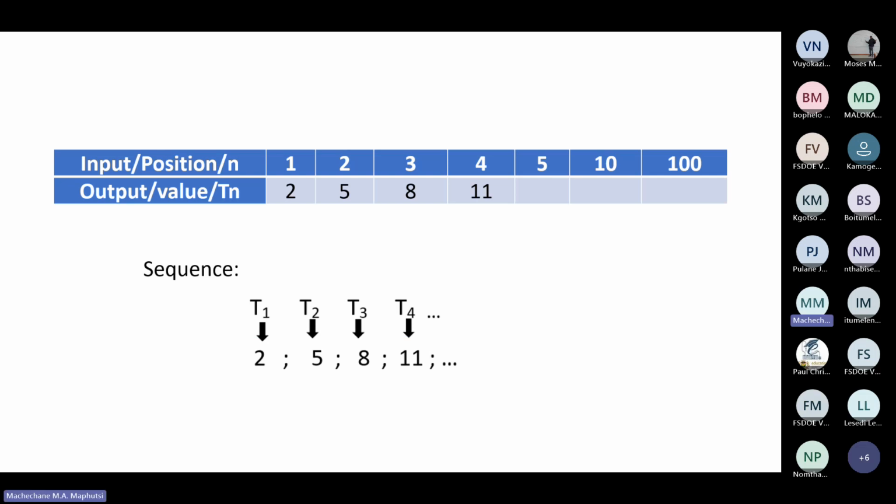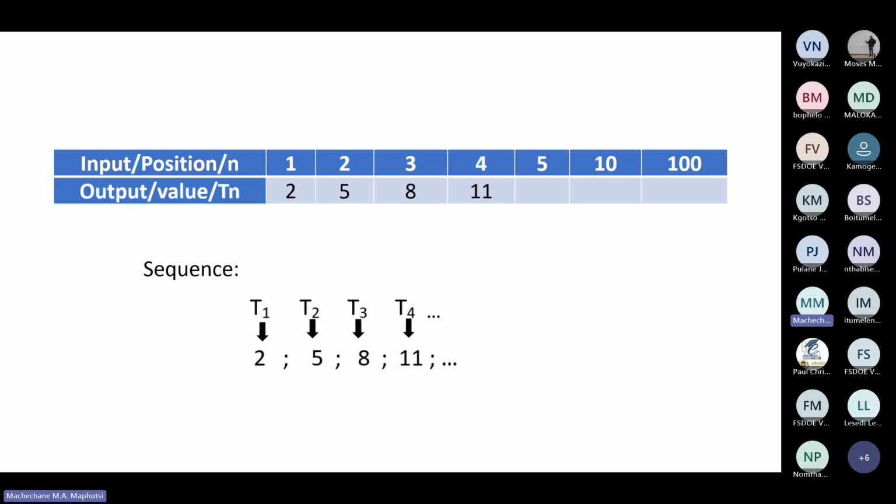Okay, so now look at my table again. What do we have? Like I indicated, we have the input, or we can say the position of the terms, or we can indicate that by small letter n. So meaning that I'm having term 1, term 2, term 3, term 4, term 5, and term 10 up to 100.